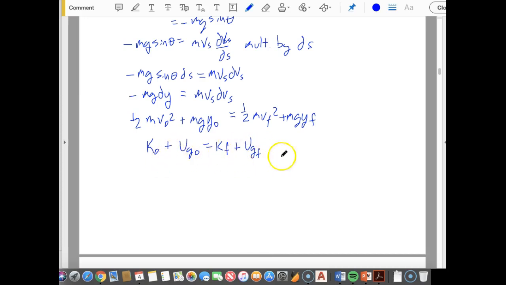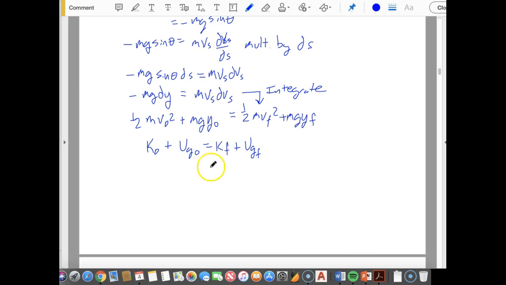It really doesn't matter which side things are on. You could have the final here and the potential here, but in the end, you just have to make sure that your equation is correct. So remember, we did integration to get to this, so I'm just going to draw that and just put integrate our differential equation. So once we've done that, we're all set.